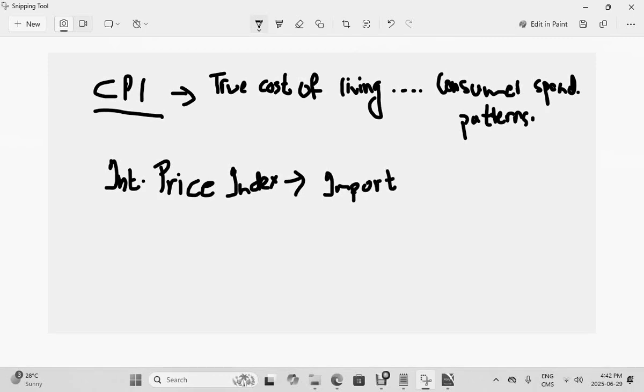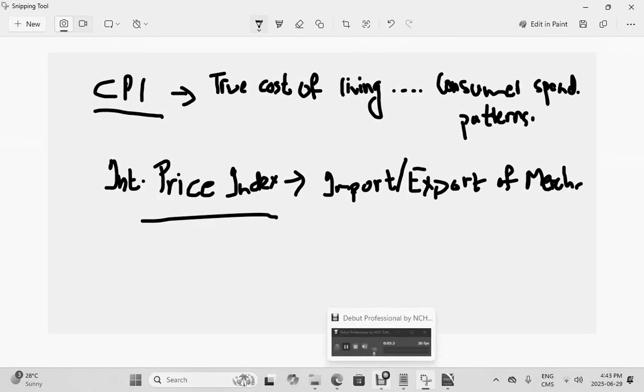If you have a business that deals with import and export of merchandise, the international price index will give you an accurate measurement as to what the situation is like.